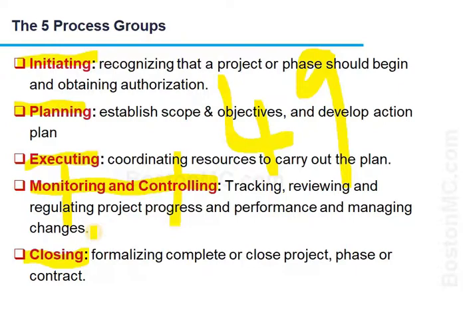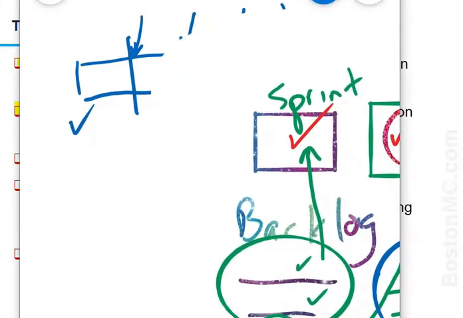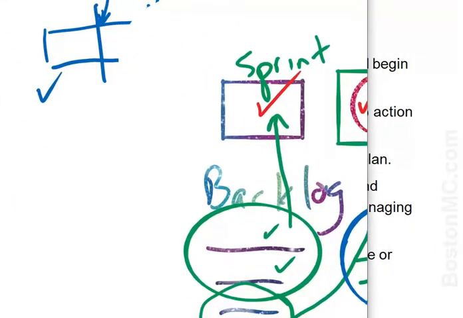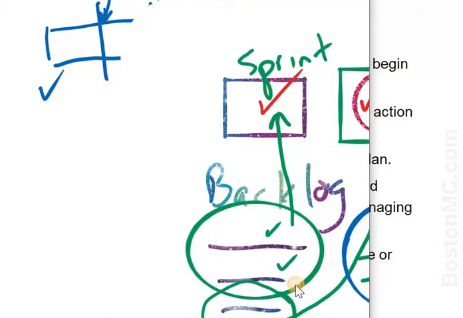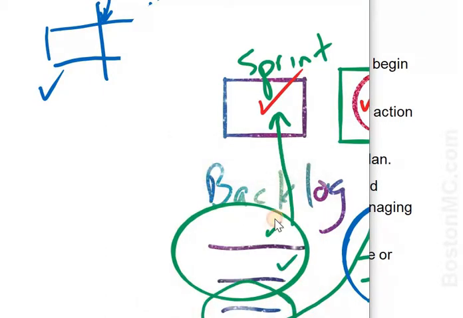So we have 5 process groups: initiating, planning, executing, monitoring and controlling, and closing. Before we move away from this one slide, I just want to reiterate a few things. Let me bring this whiteboard back here, and let me erase these things.